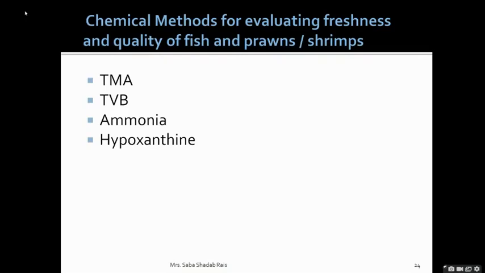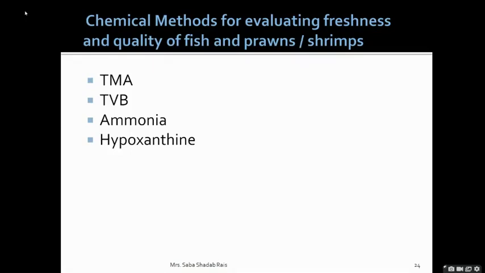So what can we do? We can measure how much trimethylamine is produced. We know that fresh fish will have a very low quantity of trimethylamine compared to stale fish, so spoilage raises the concentration of trimethylamine.